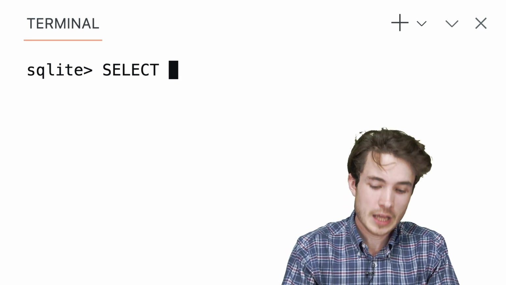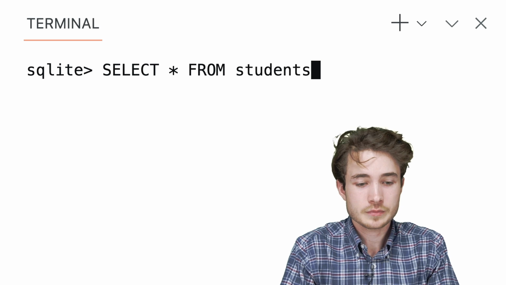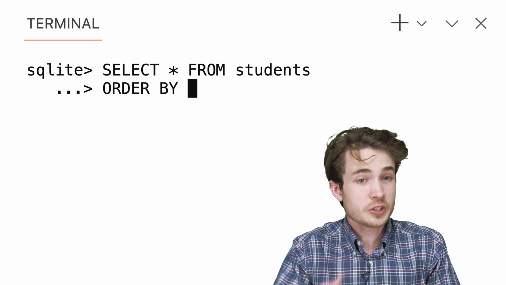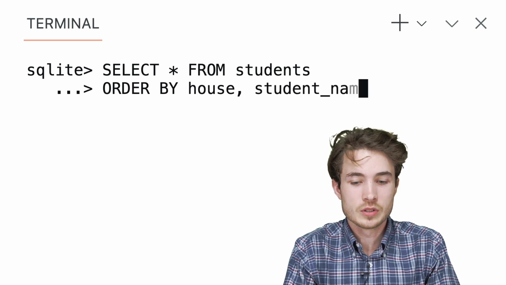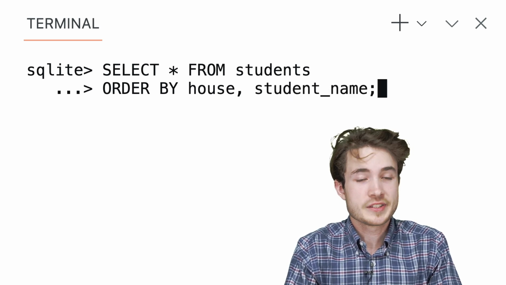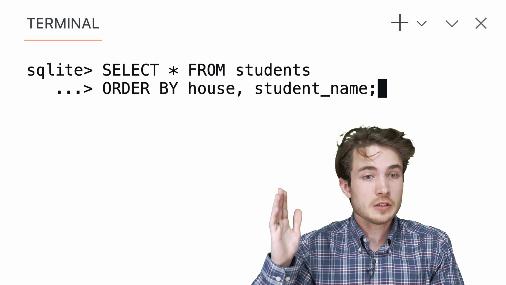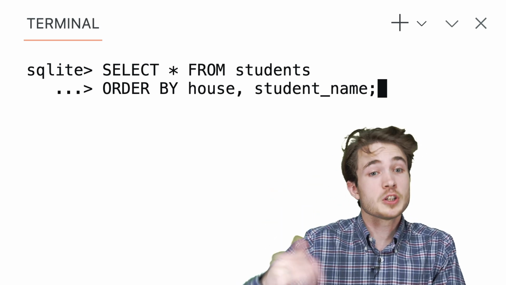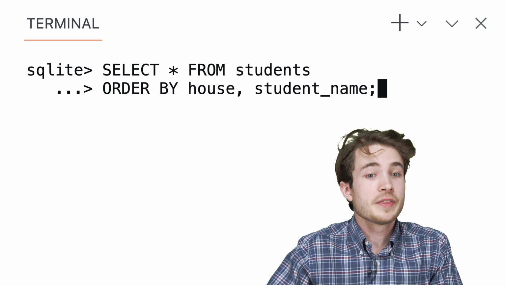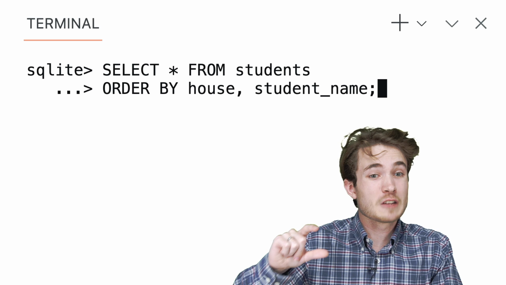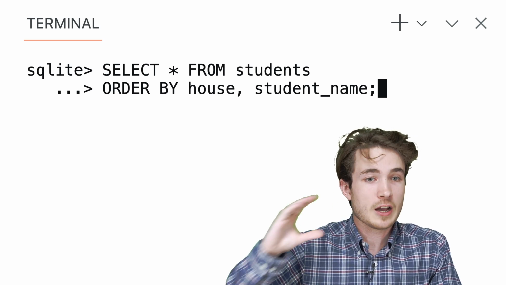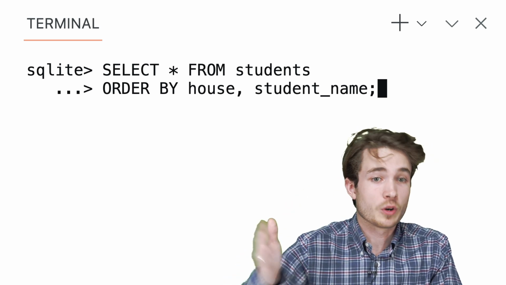We could do select everything from students, and let's order by first house, and then by student name. So what the comma here is saying is that the very first thing before the comma is the first thing I will sort by. Then afterwards, student name is the next thing I will sort by. So inside of my sorted list of houses, I will then sort student names.